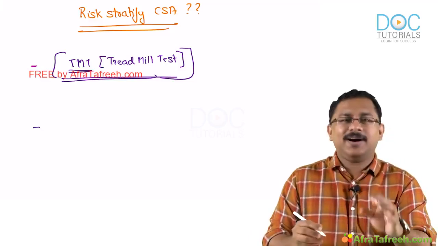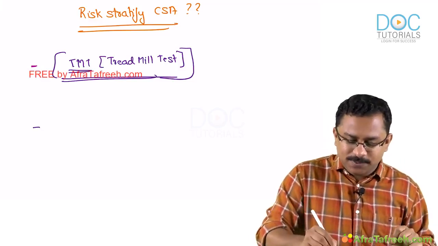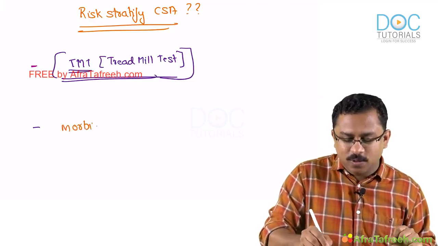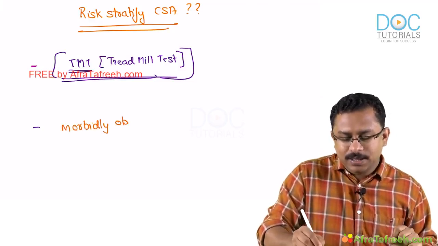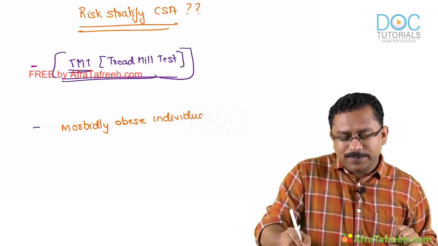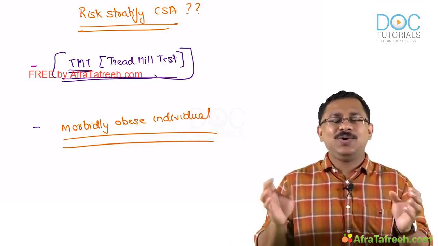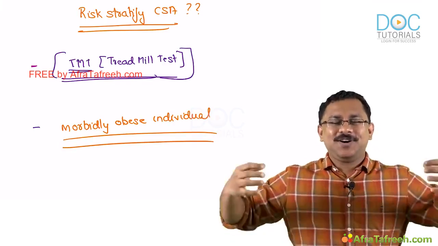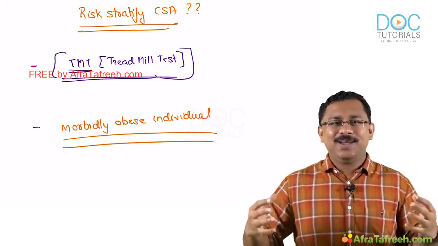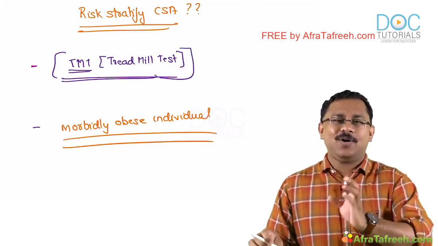Suppose you have a morbidly obese individual. What is the problem scenario? If you have a morbidly obese individual, it is quite obvious that doing a treadmill test for such a big guy will be difficult, and for that individual we have to go for some alternative.